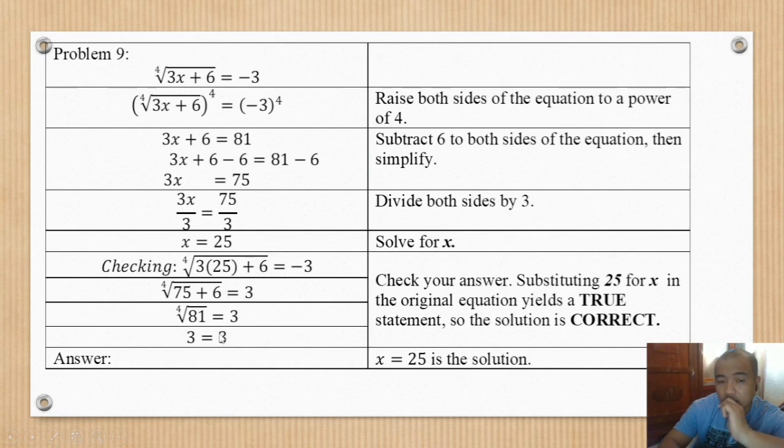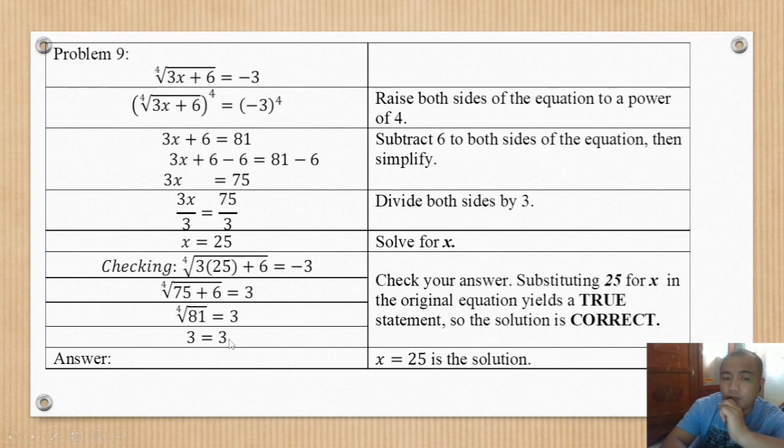Is 3 equal to negative 3? Pwede rin, no? So, substituting 25 for x in the original equation yields a true statement, so the solution is correct. X equal to 25 is the solution. But 3 is not equal to negative 3. Dapat negative 3 to, no?